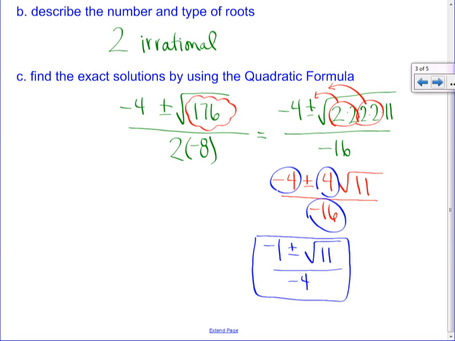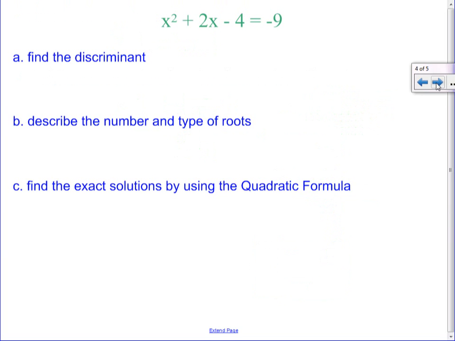Okay, so we're still going to use this simplifying radical stuff that we talked about earlier. Questions before we try one more? Okay, this one also needs to be updated a little bit. Yeah, we got to move that 9 over.